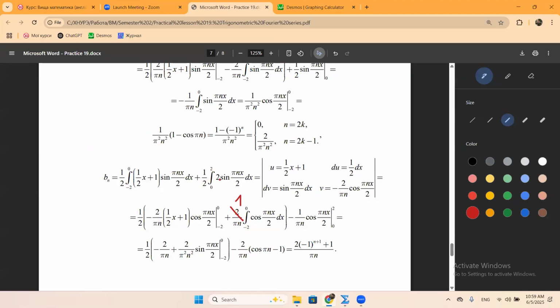So 1 over 2 here. And with integration by parts, what do we have? So minus here, so it must go away. And I didn't lose anything here. So it's okay.